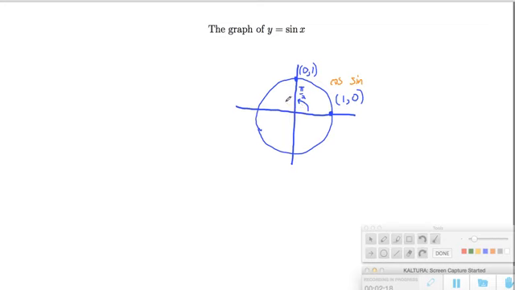If you rotate all the way over to pi, the coordinates of this point are x is -1, y is 0. And if you rotate down to here, which is 3 pi over 2, the coordinates of this point are x is 0, y is -1.